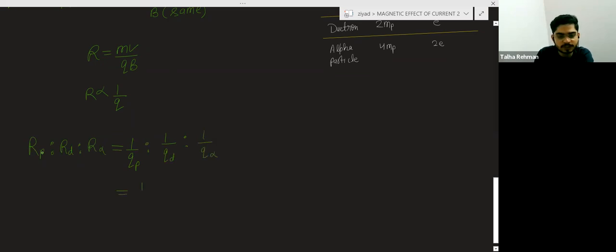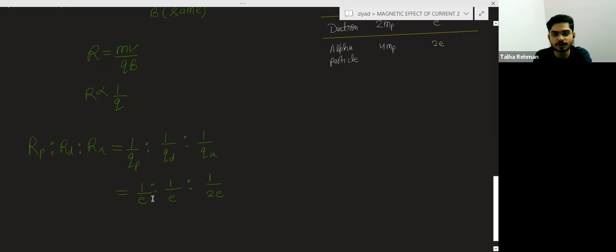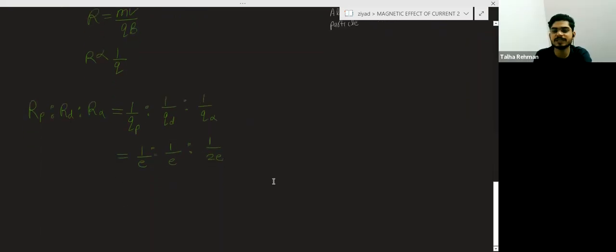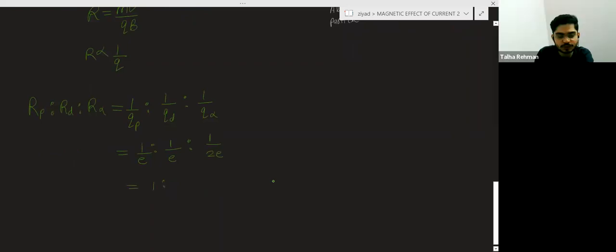So 1 upon charge on proton is e, 1 upon charge on deuteron is again e, charge on alpha particle is 2e. Now this 1 by e, e will be cancelled out. So you will have the ratio 1 : 1 : 1 by 2.